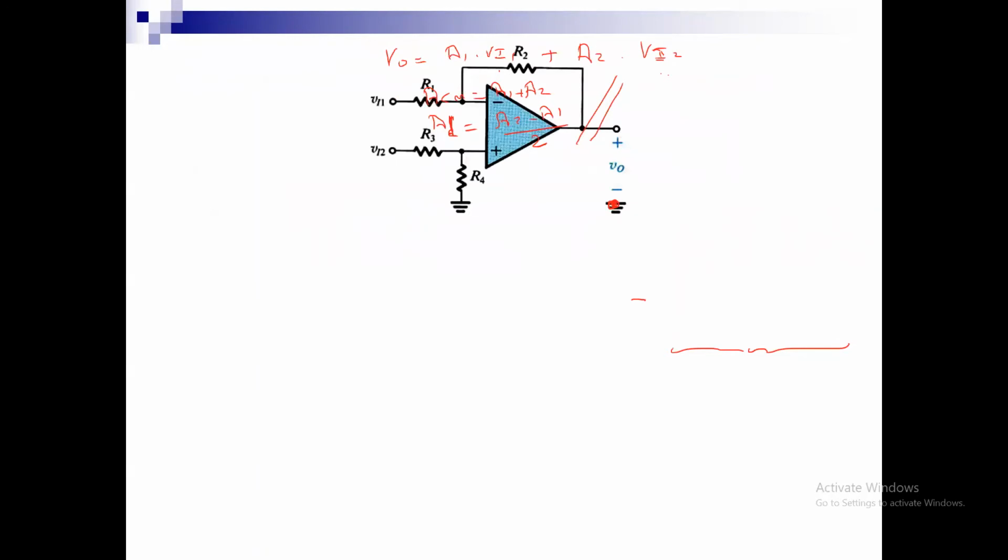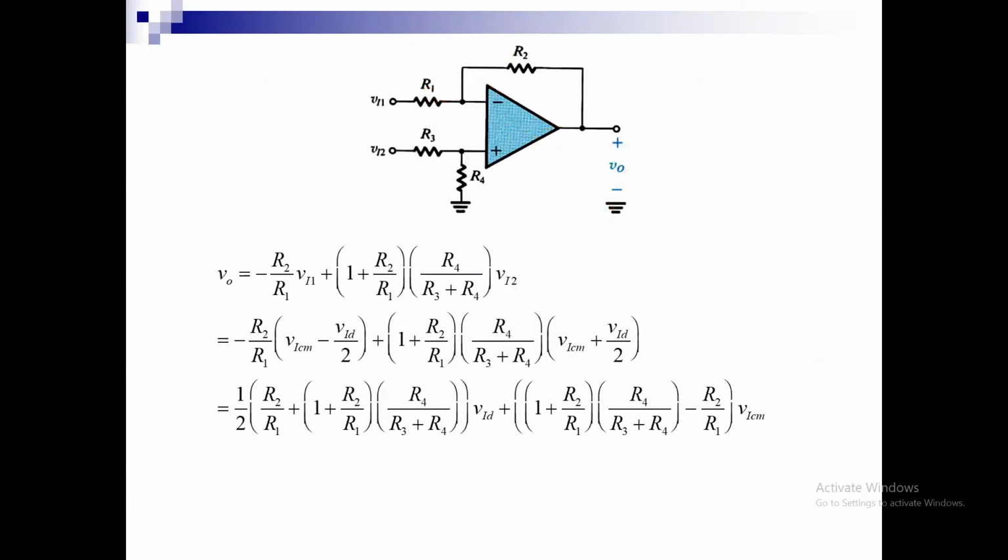And now in this analysis, he started with A1 times VI1 plus A2 times VI2. And then he replaced those quantities by their common mode and differential mode gains. And he ended up with this quantity here and this quantity here.